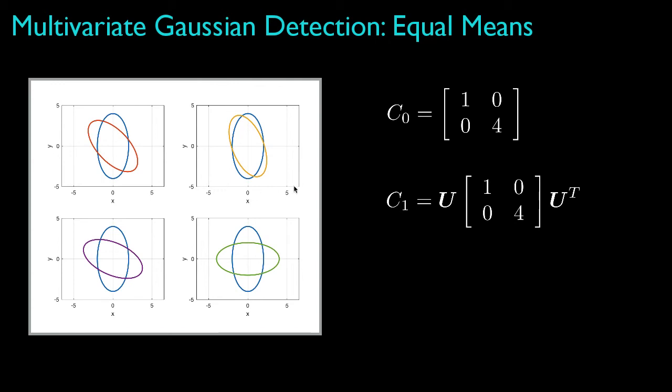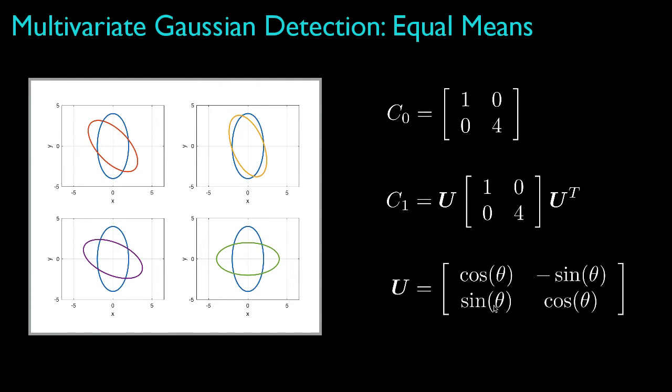And that density has the same eigenvalues, but is rotated by an orthonormal eigenvector matrix that looks like this, where there's a parameter theta. The upper right plot, for instance, corresponds to a rotation theta of pi over 8. The upper left is pi over 4. The lower left is 3 pi over 4. And the lower right is a rotation of pi over 2.